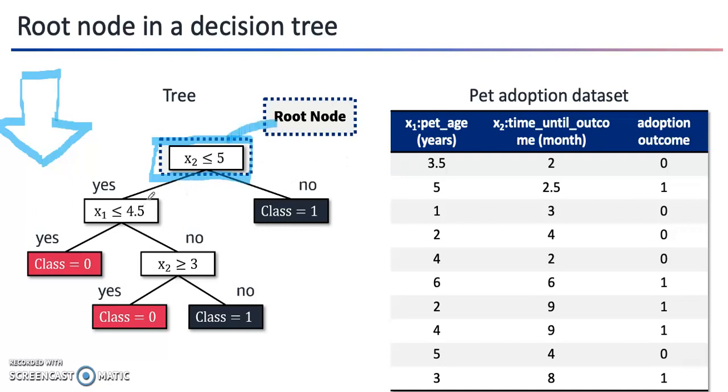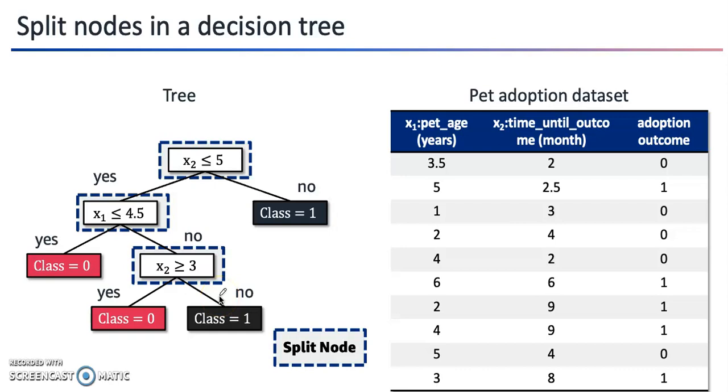Then we start navigating, going down from that node. Just as a reminder, the root node is the point of departure, the starting point here, with a condition.